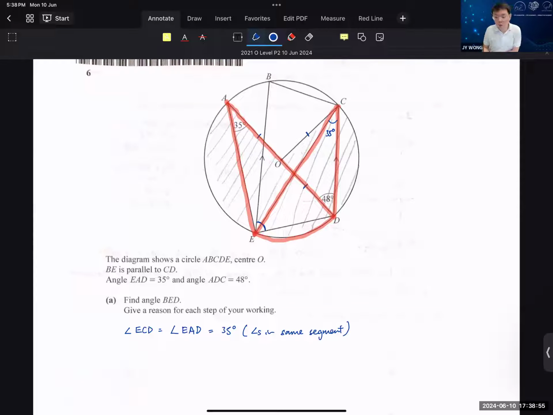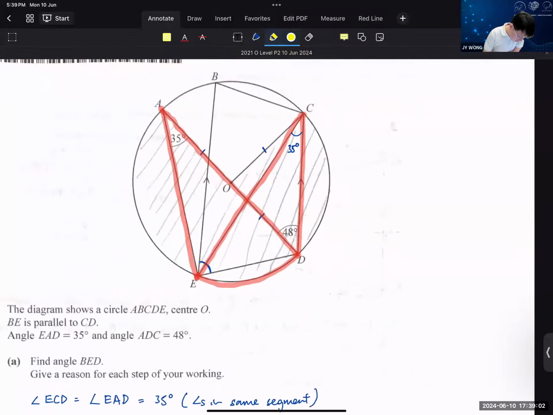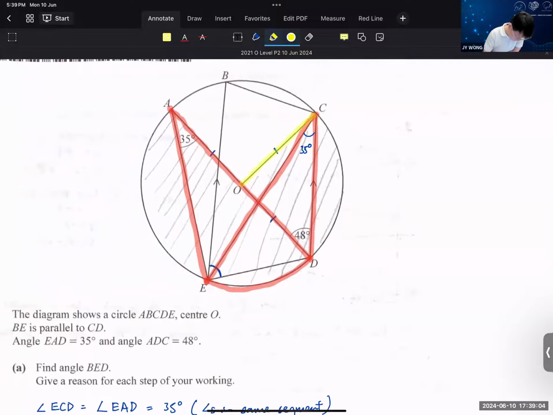Next, from here, again, like I mentioned, we have an isosceles triangle. That is one. But the question wants you to find which angle?